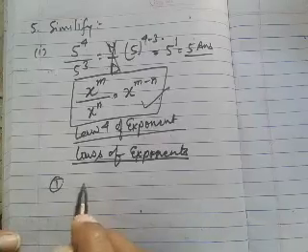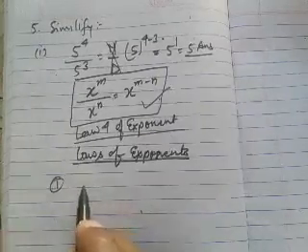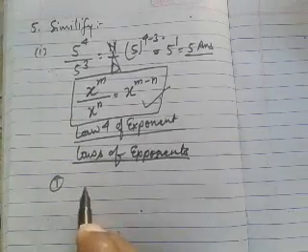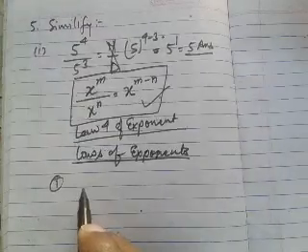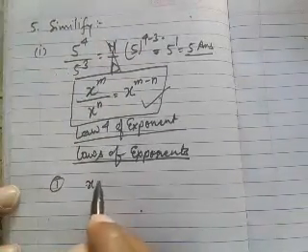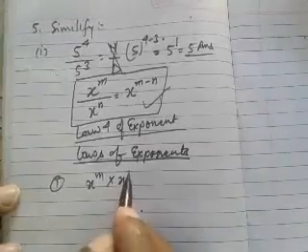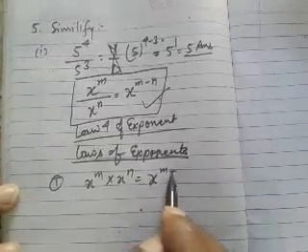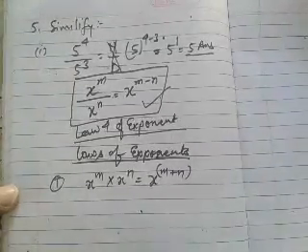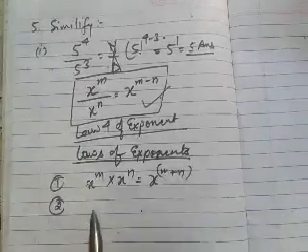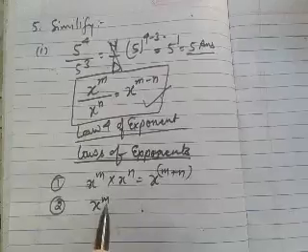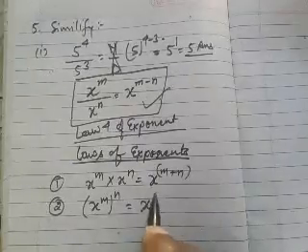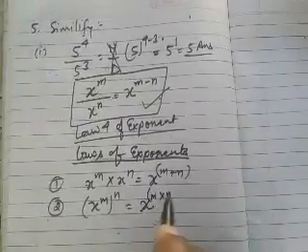First is, if a number is written as x raised to the power m multiplied by x raised to the power n, then we can write x raised to the power m plus n. Another law is, if a number is written as x raised to the power m and its power n, then it can be written as x raised to the power m multiplied by n.